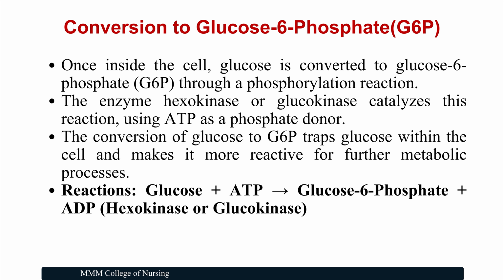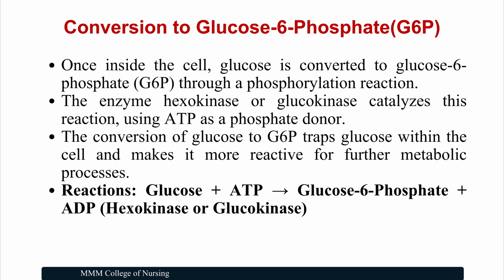Why is this step important? Because by adding a phosphate group, the glucose becomes negatively charged and can no longer pass through the cell membrane. It is now trapped inside the cell and committed to being processed further. This phosphorylated form, glucose 6-phosphate, is also a key branch point in metabolism.